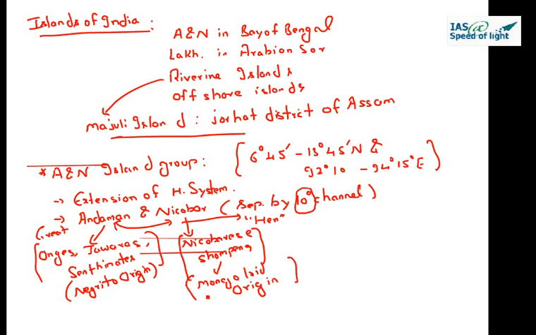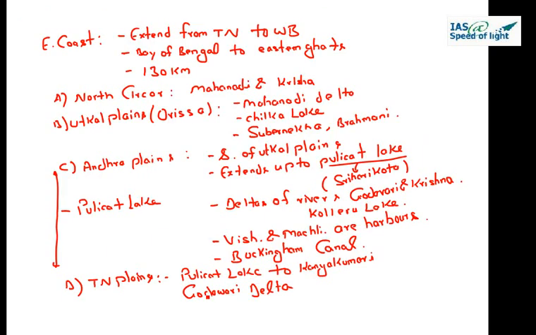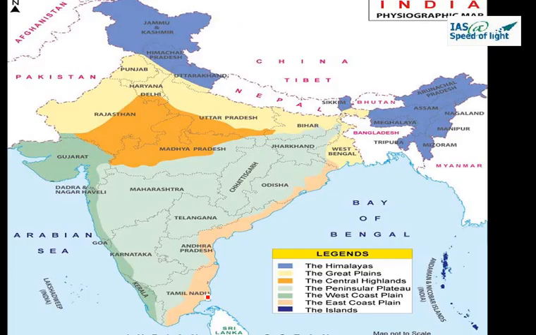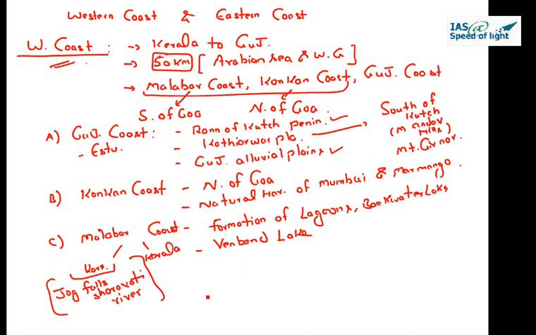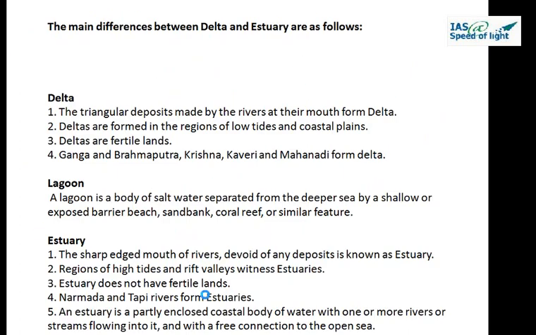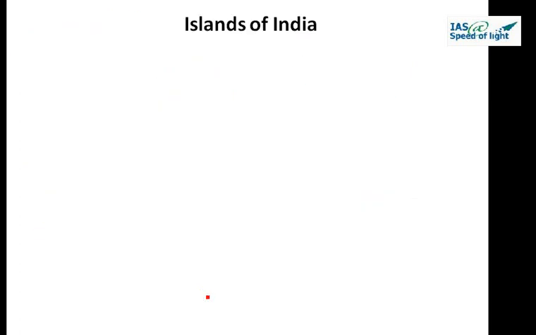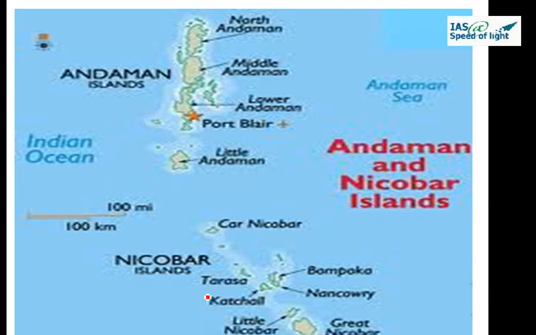This is the Andaman and Nicobar Islands, separated by 10-degree channel. These are the Andaman Islands and these are the Nicobar Islands. So if we talk about certain important peaks, Saddle Peak, what we remembered, is in North Andaman.